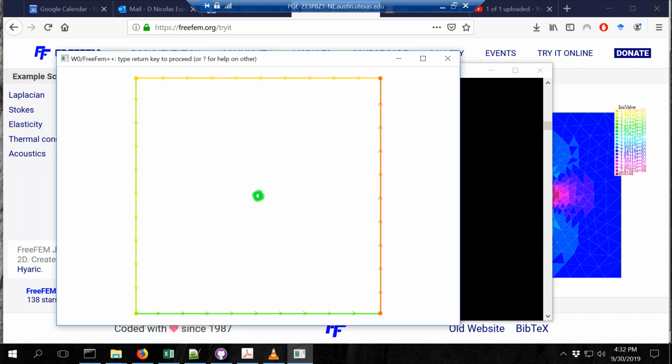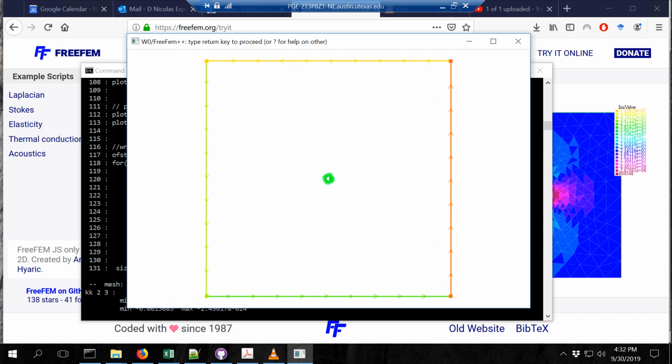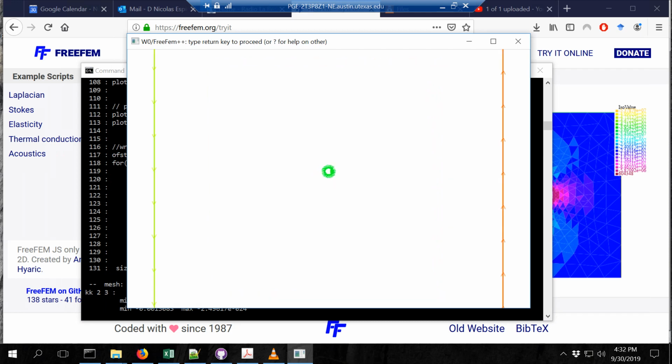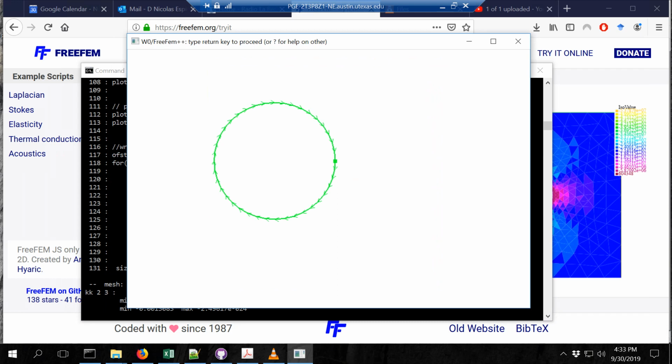So this is the first thing that you see. These are all the boundaries. So 1, 2, 3, 4. Those are those two borders that we defined. And there is another one here that starts here and goes counterclockwise up to there.